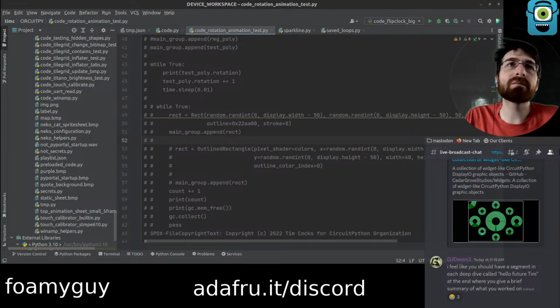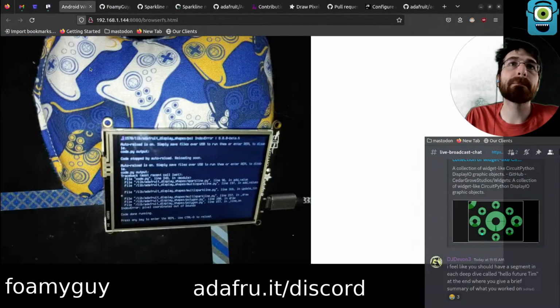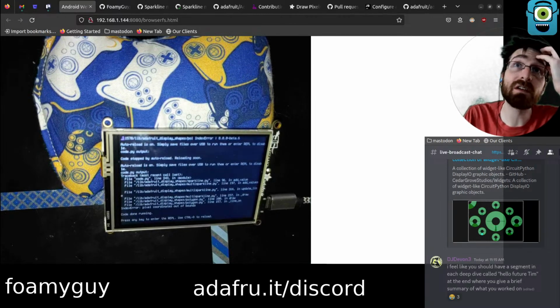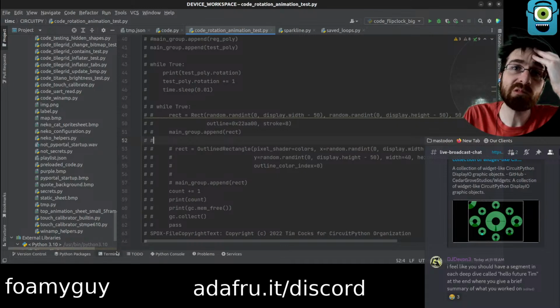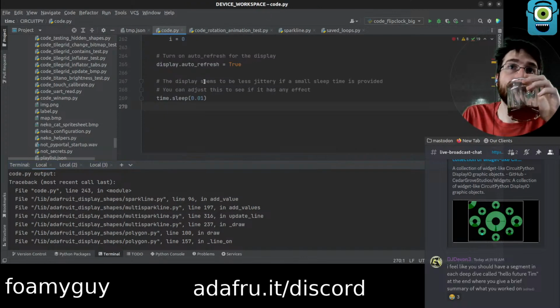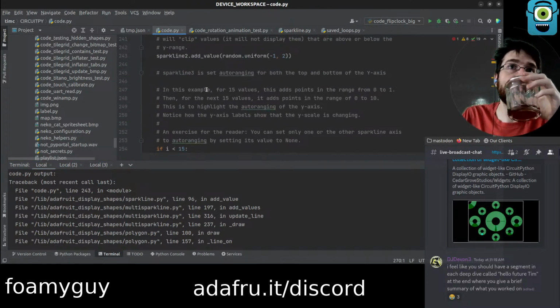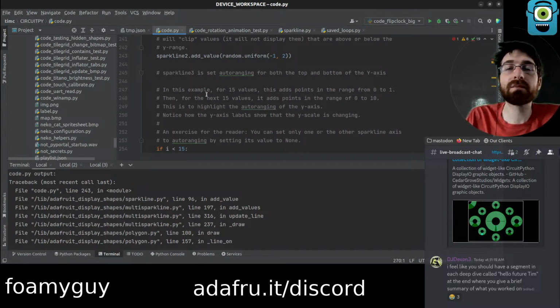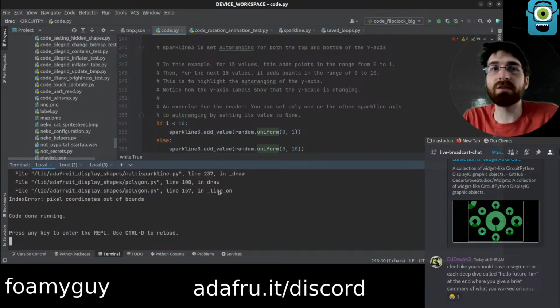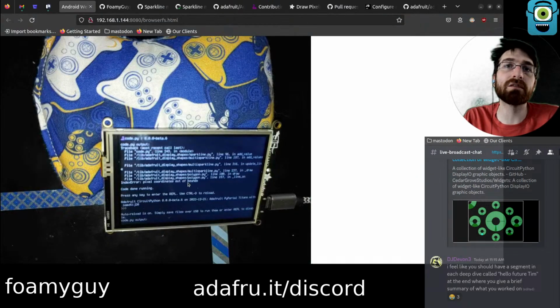Where are we at here? Pixel coordinates are out of bounds. So I did the triple. Yeah, pixel coordinates are out of bounds. 243. Sparkline 2 add value. So one thing is it's random, so it might not fail sometimes, I guess. It is weird. So did we just get a fluke?